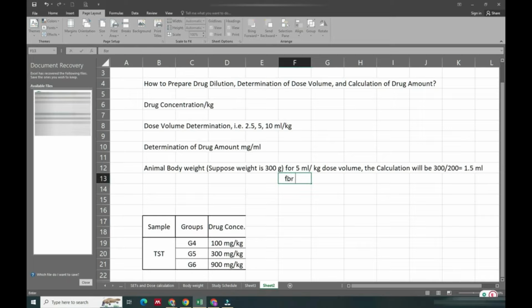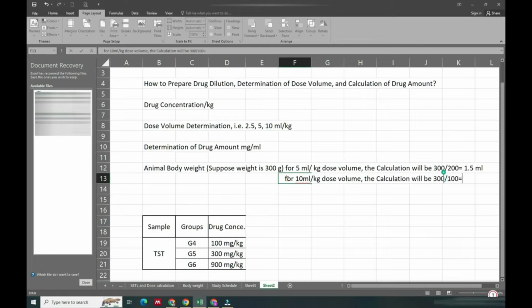And for 10 ml per kg, in some cases we have to give 10 ml per kg as a single dose. In that condition, like toxicity studies, we can take the 10 ml per kg dose many times. So in that case, you can calculate it as the 300 gram animal weight divided by 100.